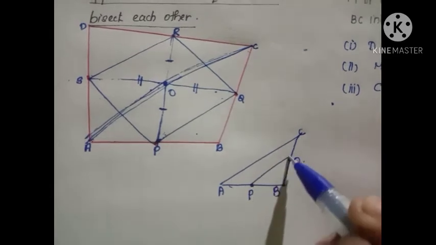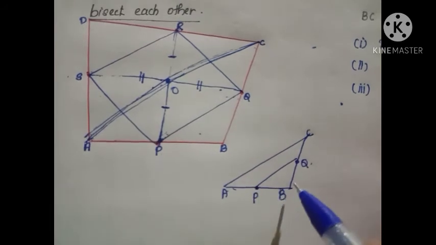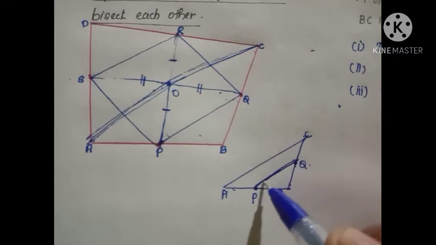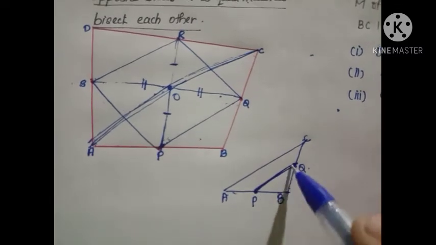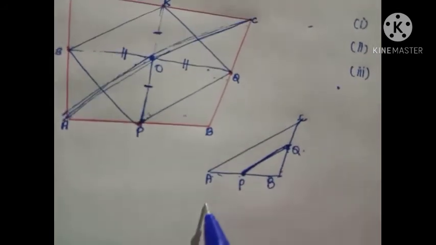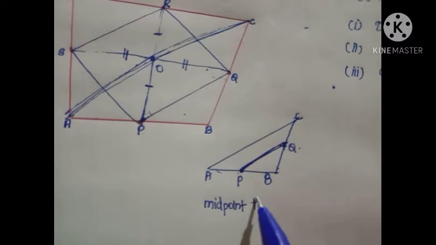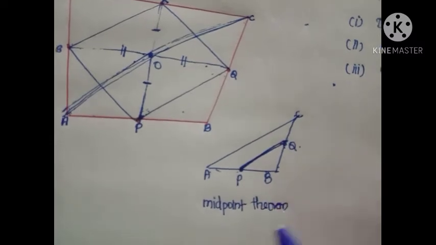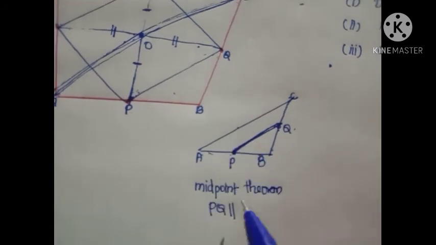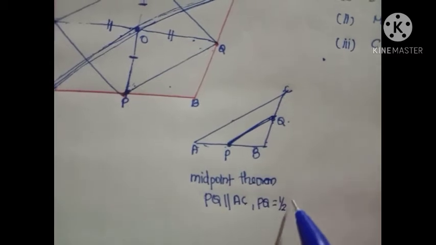Now join this line PQ. PQ is a line segment joining the midpoints of two sides of this triangle. Therefore, by the midpoint theorem we learned, this line PQ is parallel to the third side. Which is the third side? AC. And PQ is half of AC.